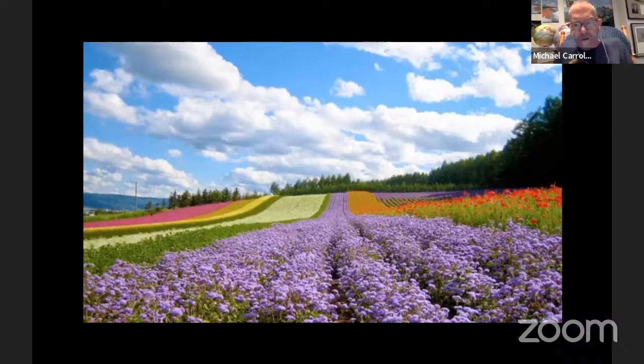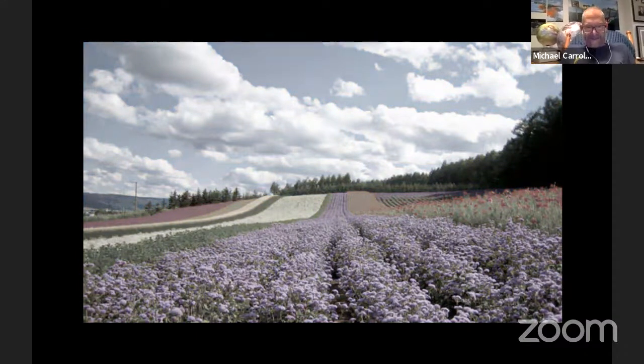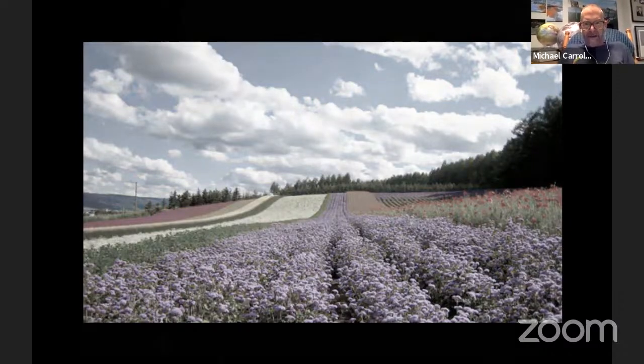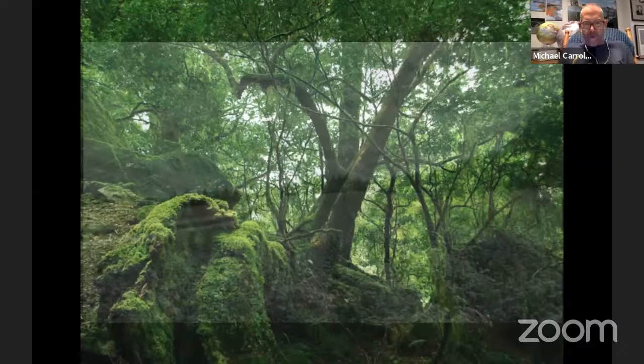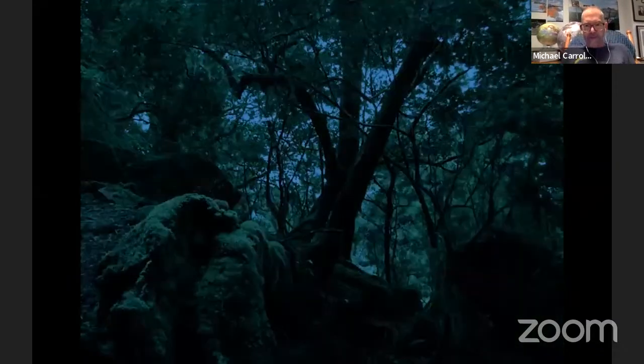But we are the exception to the rule in terms of mammals. Most of our friends in the animal world see something much more like this. The reason, of course, is that they are equipped to see better in low light levels. They need to survive at night.